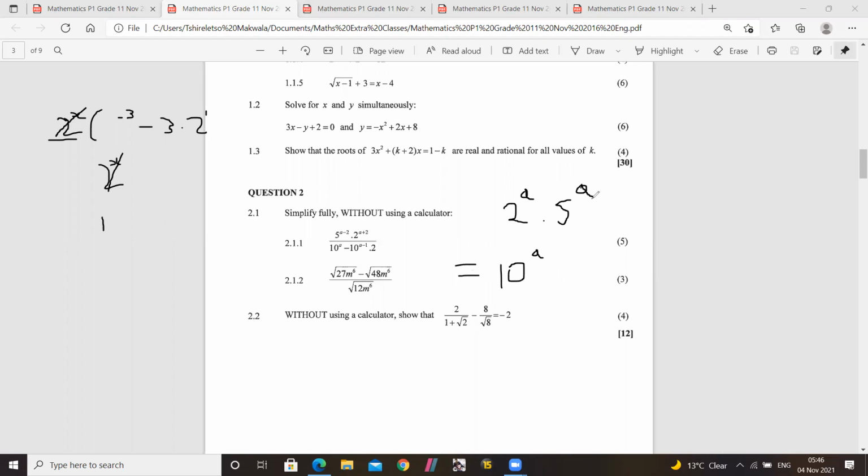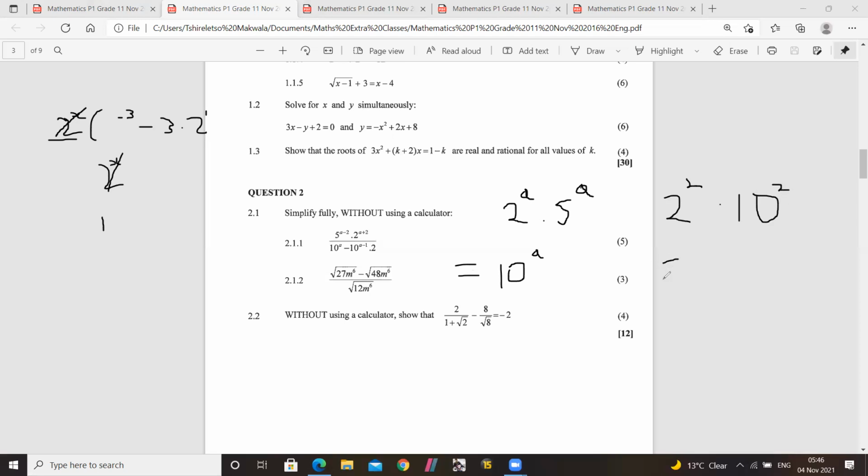So when the exponents are the same, you multiply the bases if there's a multiplication sign. If there was a division sign, you're going to divide the bases. Another example, let me use a number this time: 2 to the power of 2, multiplied by maybe 10 to the power of 2.